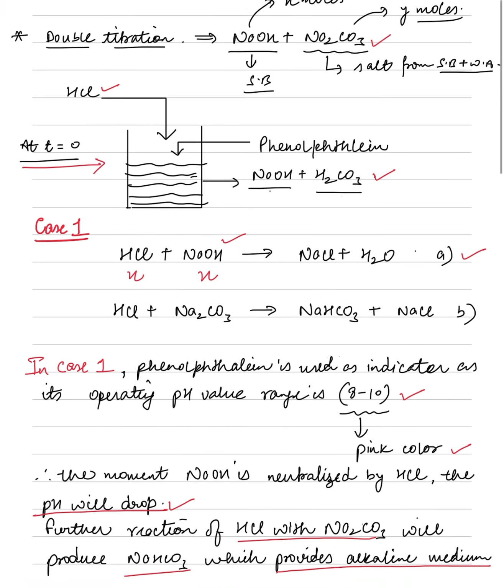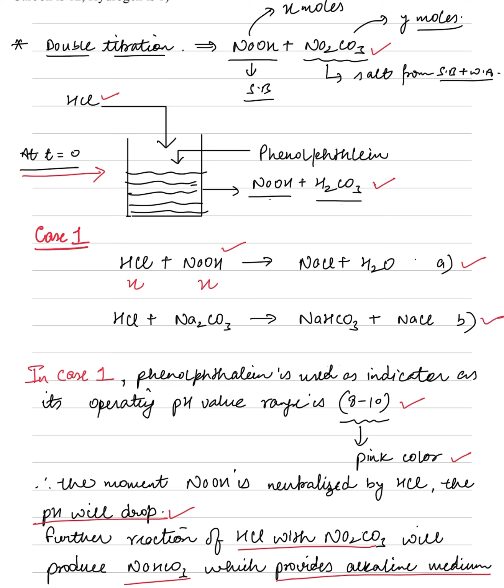That means in the second reaction B, HCl will react with Na2CO3 to form NaHCO3 along with NaCl. Here also the reaction is balanced and the stoichiometry is maintained. If we are given Y moles of Na2CO3, it will require Y moles of HCl and form Y moles of NaHCO3.